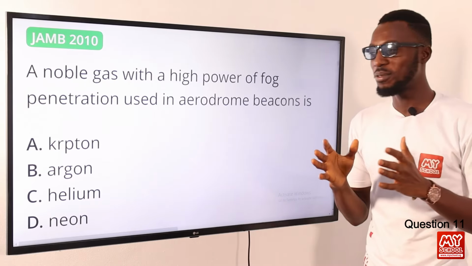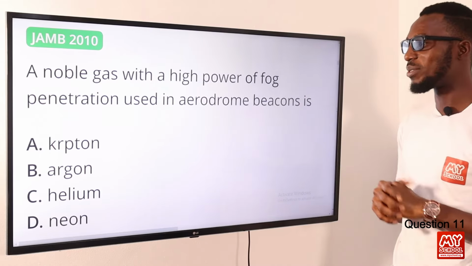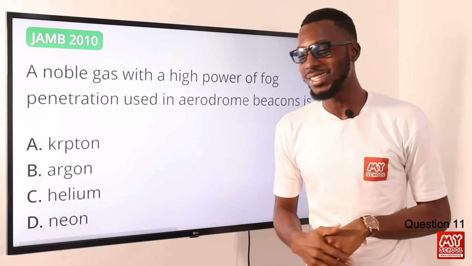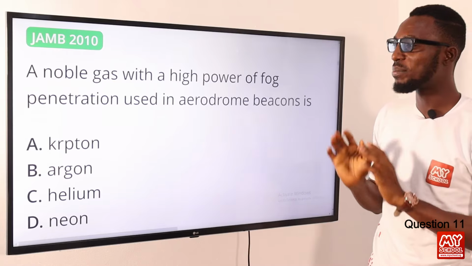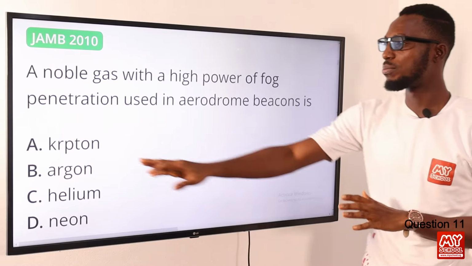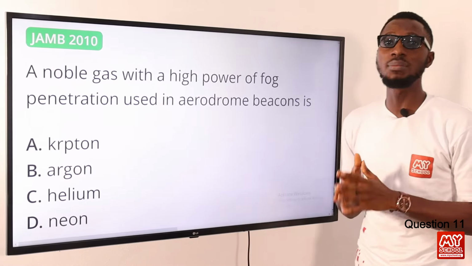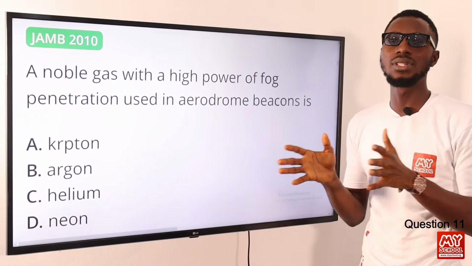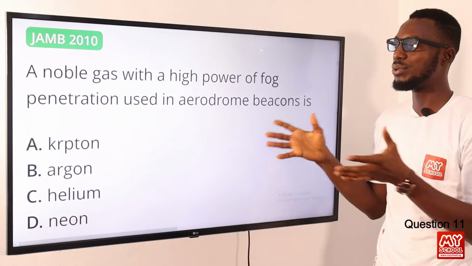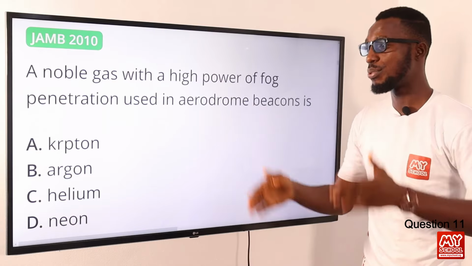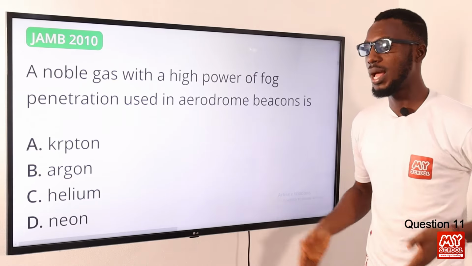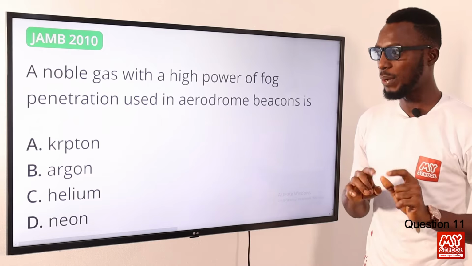Let's look at some of these noble gases. At first I have krypton. Krypton alongside xenon is used to provide lighting or indication along airport runways. Take note of that.